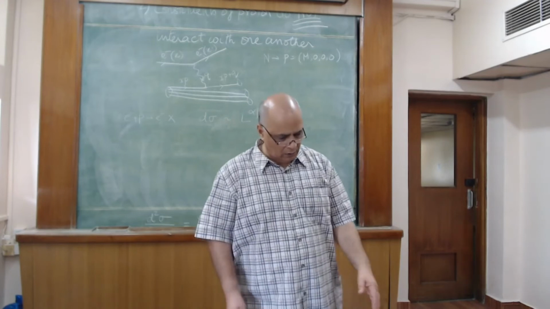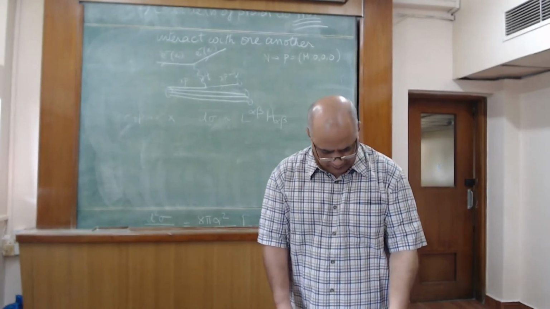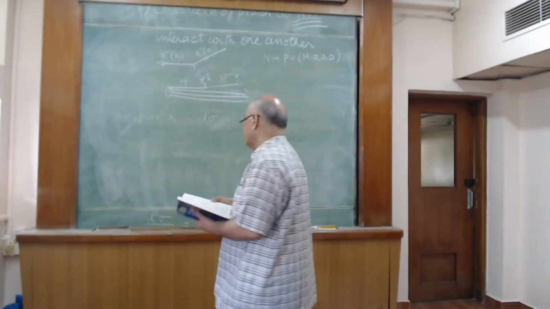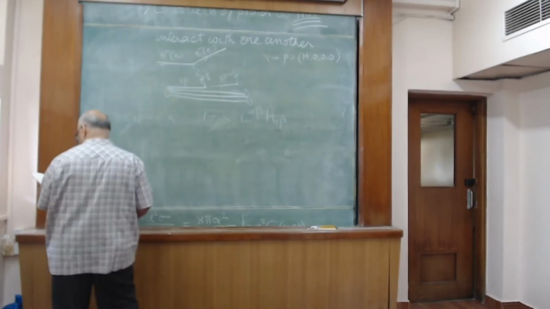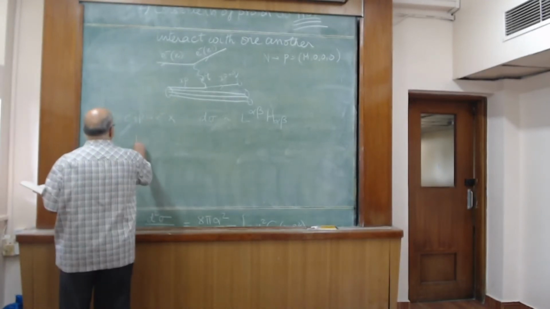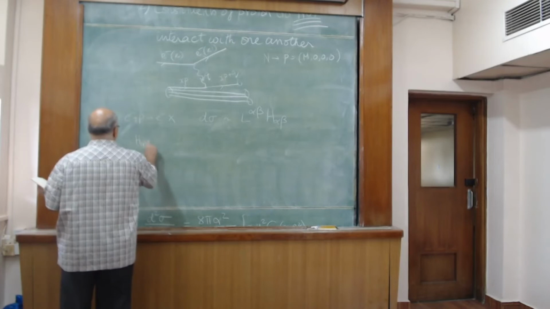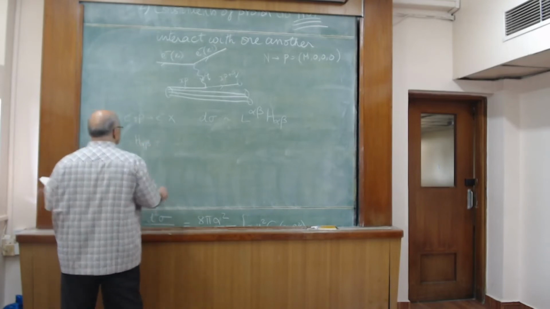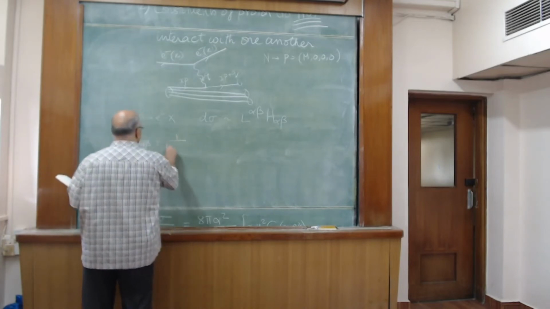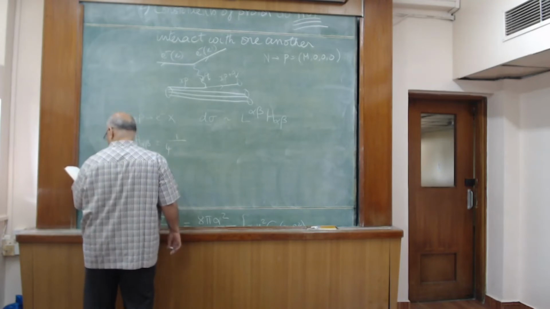So we can write it down to be this H alpha beta is 1 over 4.